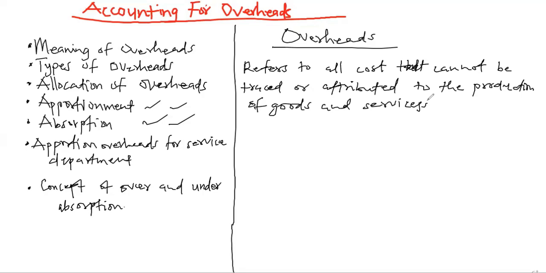Under overheads, for you to get your total overheads, it is grouped into three: your indirect material, then your indirect labor, then your indirect expenses.